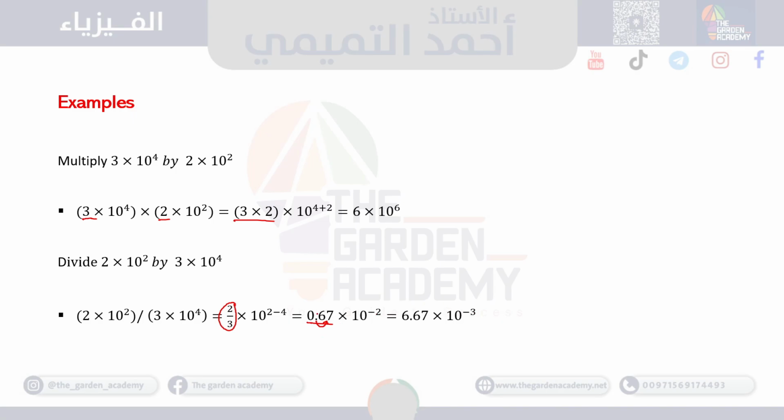Since the decimal moved to the right by one digit, we subtract 1 from the exponent. When we move the decimal to the right, we subtract one from the exponent. If we move the decimal point to the left, we add one to the exponent. In this case, negative 2 minus 1 gives us negative 3.